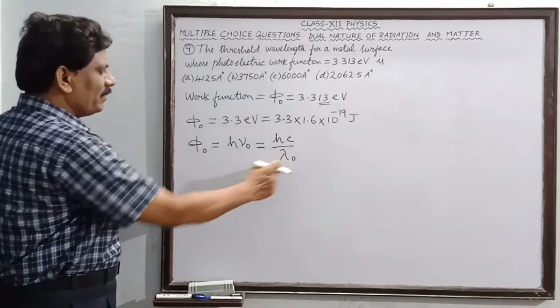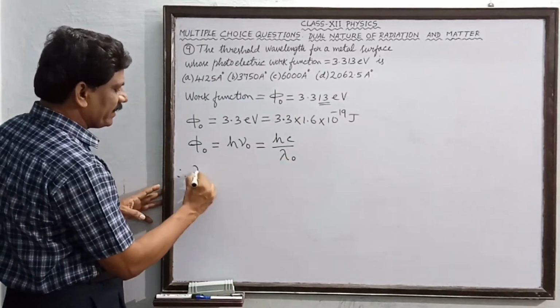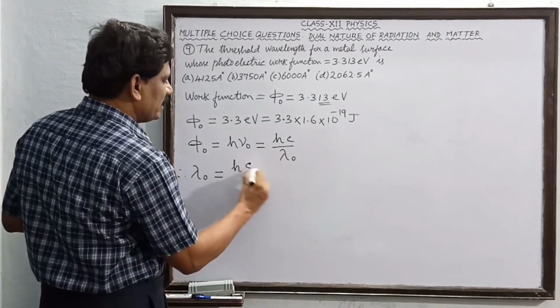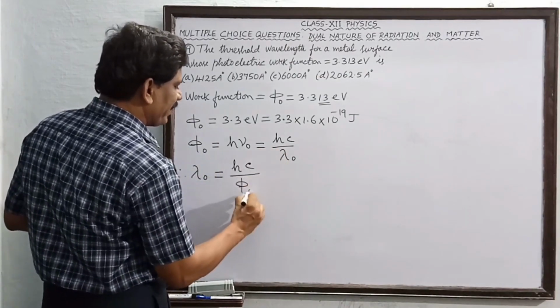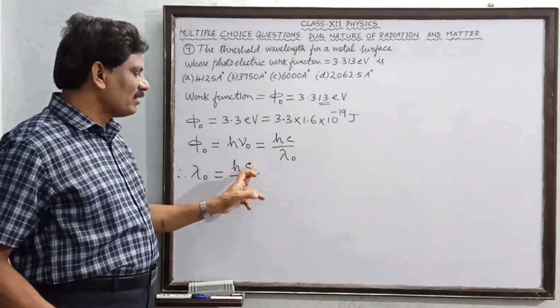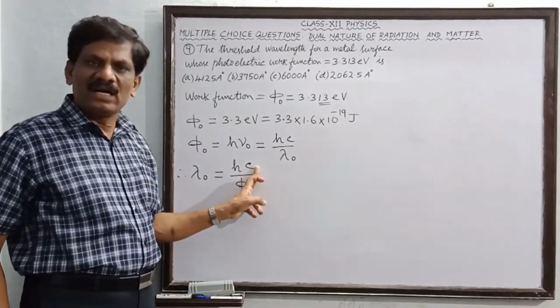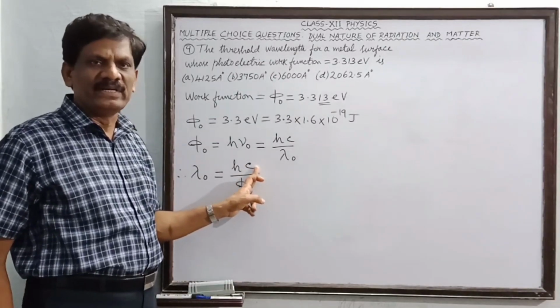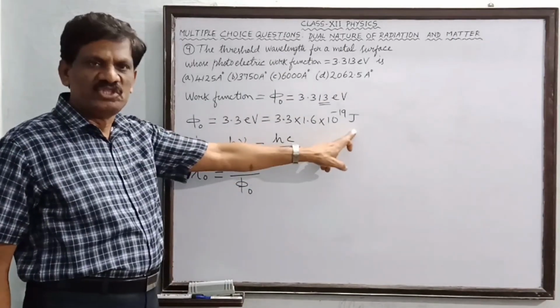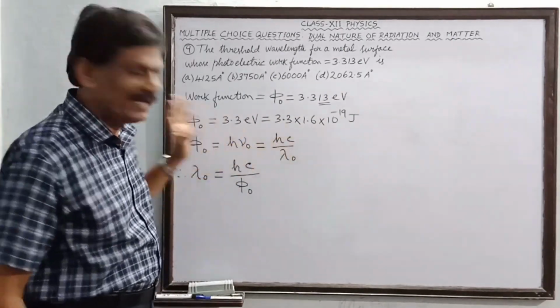So lambda naught is taken to the left hand side, and this is equal to hc divided by phi naught. On the right hand side, Planck's constant and velocity of light are in SI units, and we have already converted electron volt into joule. So now I am going to substitute the values.